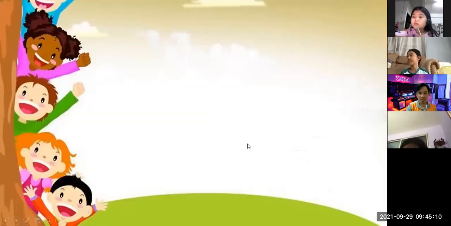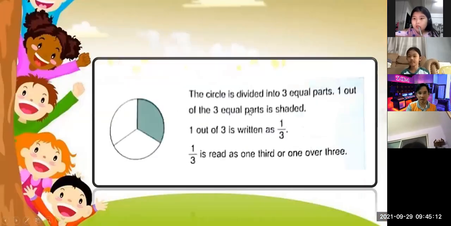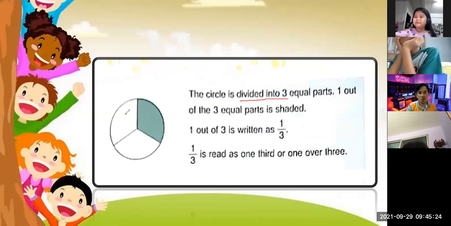In this example, a while ago, I told you, I'm sorry, I muted my microphone. Here, the circle is divided into 3 equal parts. 1, 2, 3. So that's why we have here 3. Where does the number 1 come from?